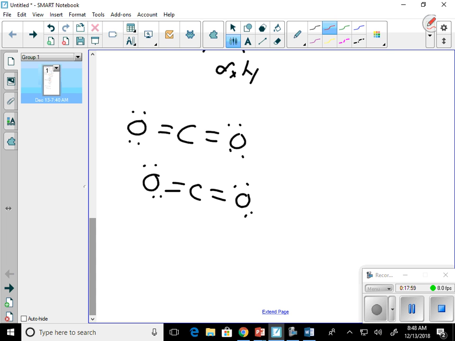However, when I draw these electrons, even the bonded electrons, it isn't a stationary thing. Electrons are constantly moving around and orbiting. So at any given moment, these electrons could rotate up. These could rotate up. And for a split second then, I've created a small partial positive and a small partial negative that can attract each other.